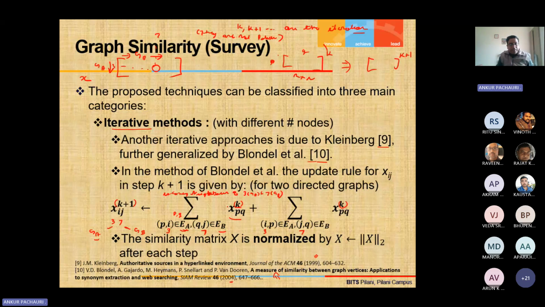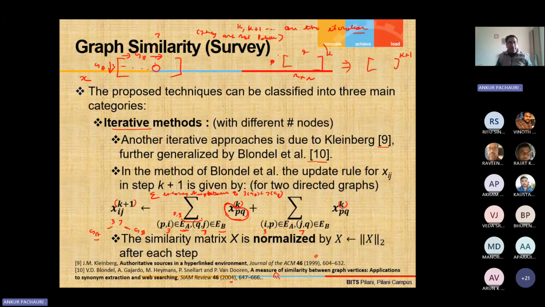So this XPQ at the kth iteration, these are the similarity scores of the incoming neighbors of 3 and 7 respectively. So their scores are being added. This is the meaning behind this summation.